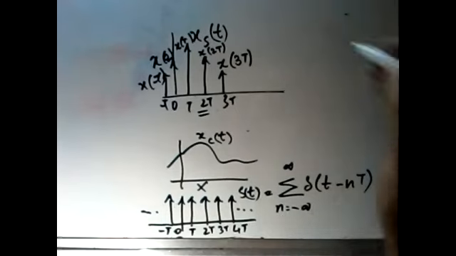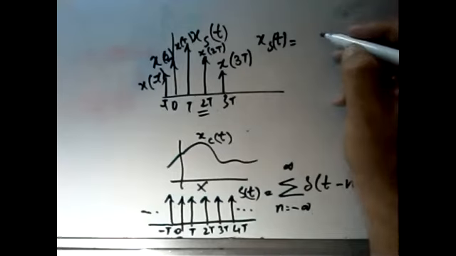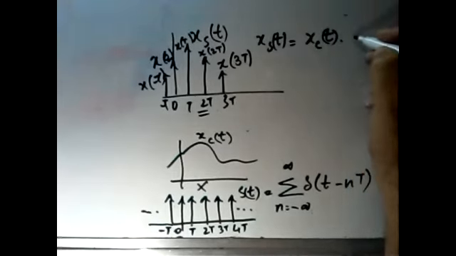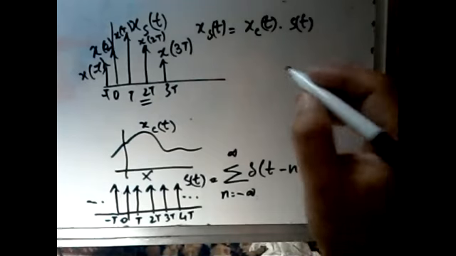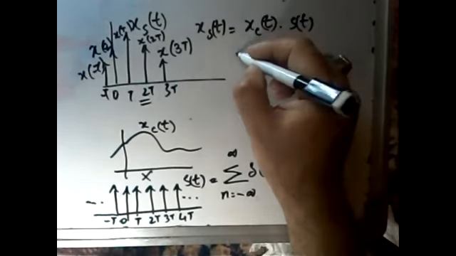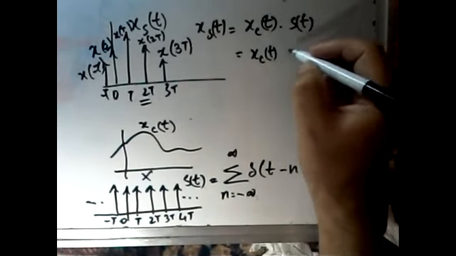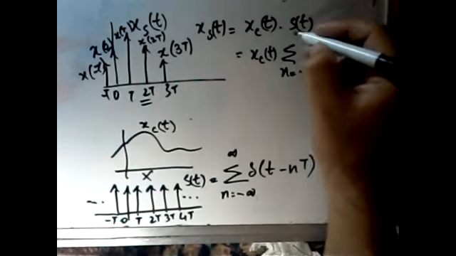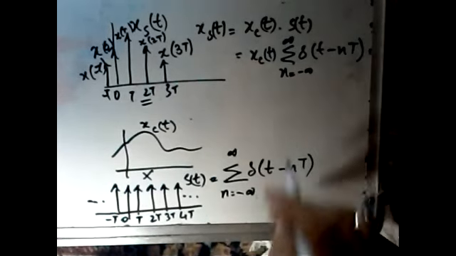So collectively, this is called xs of t, which is equal to xc of t multiplied by s of t, right? Because s of t is a summation, this is delta of t minus nT.